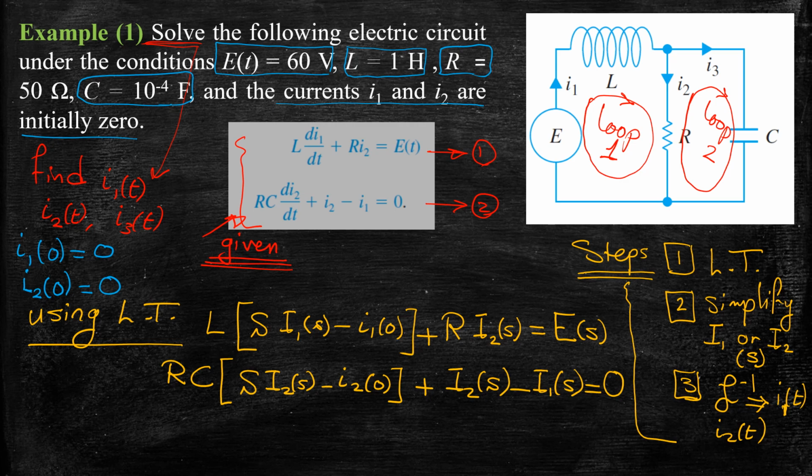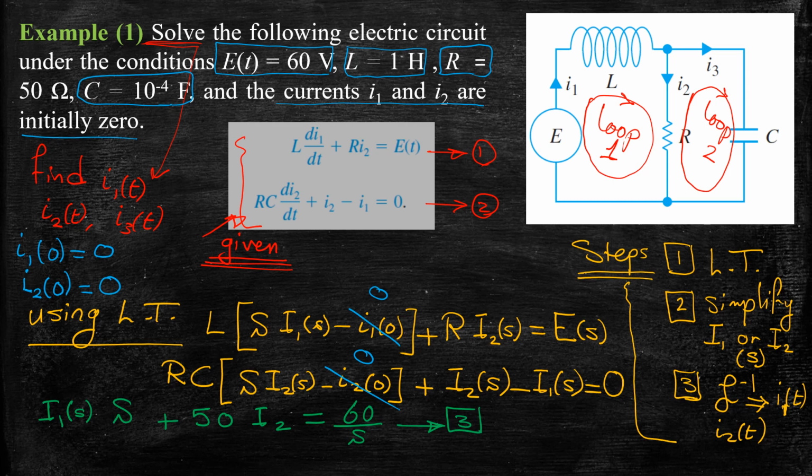Substituting with the numbers here, taking into consideration that these initial values are 0, we end up with the following equation. I1 of s multiplied by s, plus 50 I2, equals 60 over s, and this is equation number 3.